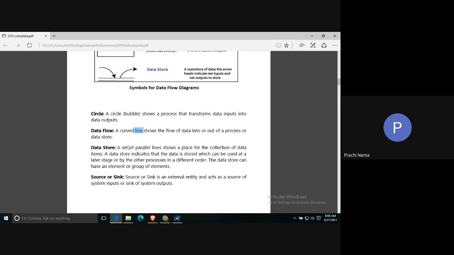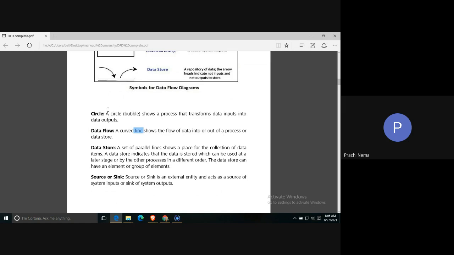It can be a straight line also. So circle for process. See what a process does? It transforms data input into data output. Everyone knows that, that is the basic definition of a process. Data flow is represented using a line, which will represent the flow of data into or out of a process.